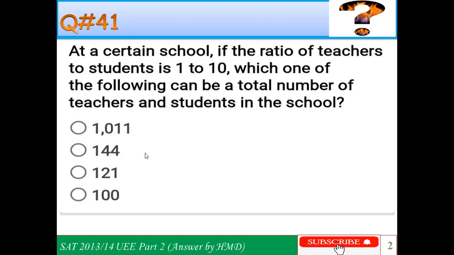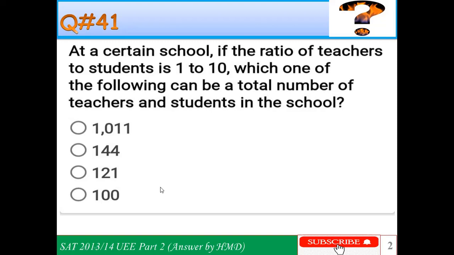If you divide 144, you will not get an integer. But if you divide 121 by 11, it's going to be 11, so it is an integer. And if you divide 100 by 11, it's going to be a decimal, not an integer. So based on this, the total number of teachers and students can be 121.